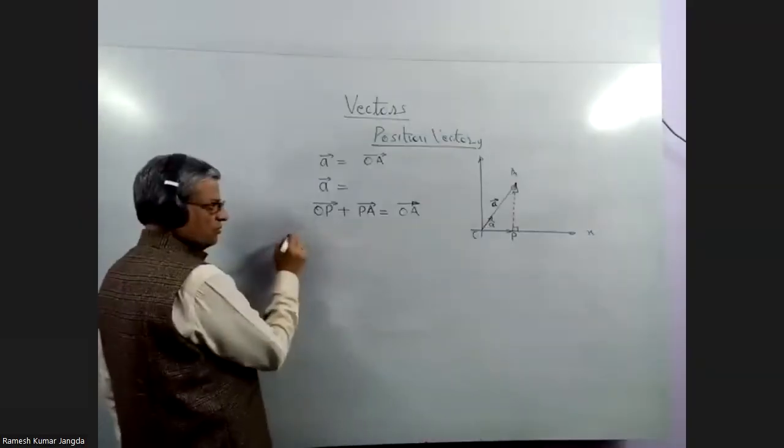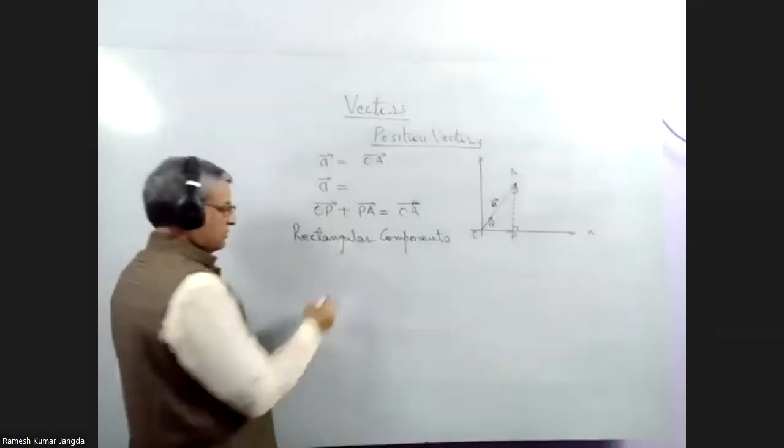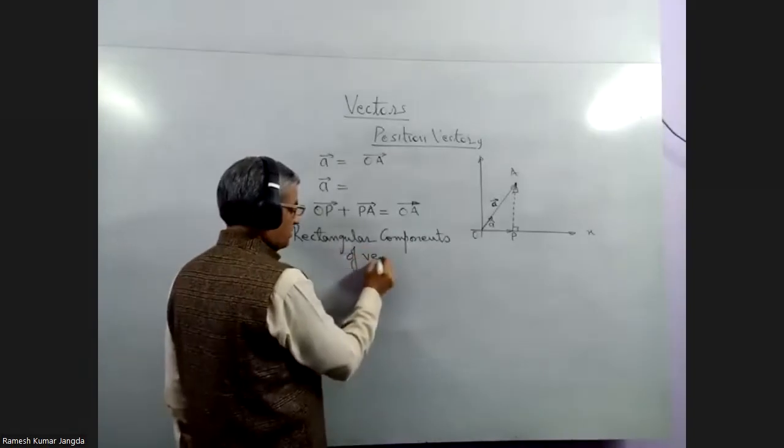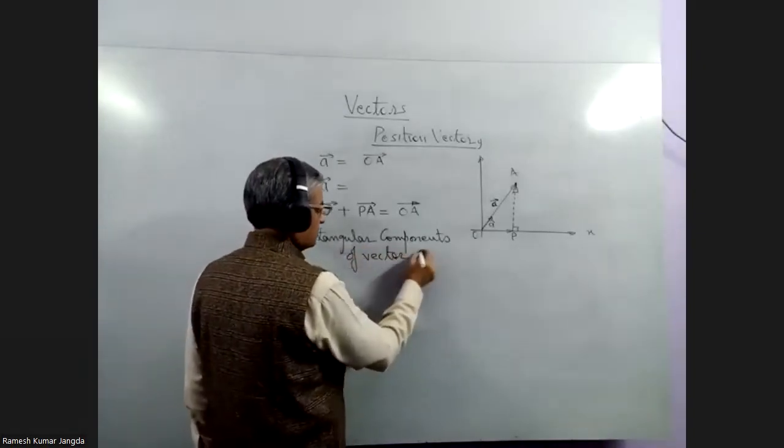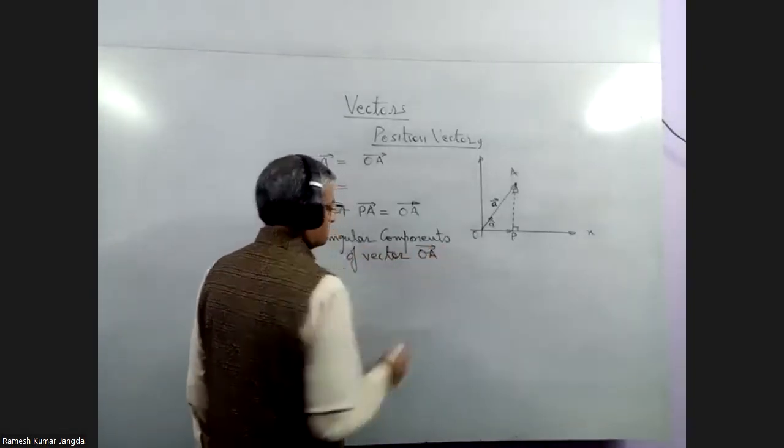Therefore, we call these the rectangular components of vector OA.